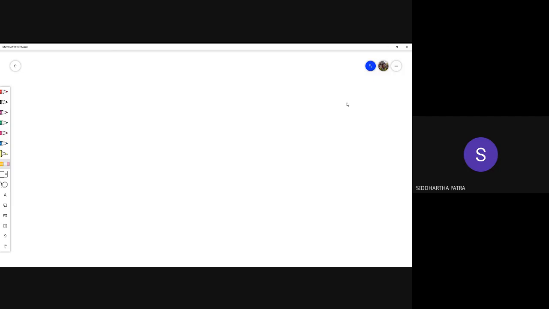For higher order elements, we need Pascal's triangle, and it looks like this. You can think of 1 as xi to the power 0 eta to the power 0, xi as xi to the power 1 eta to the power 0, and eta as xi to the power 0 eta to the power 1.